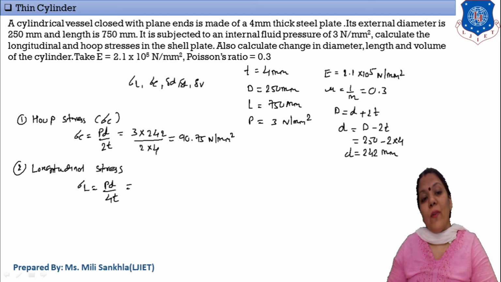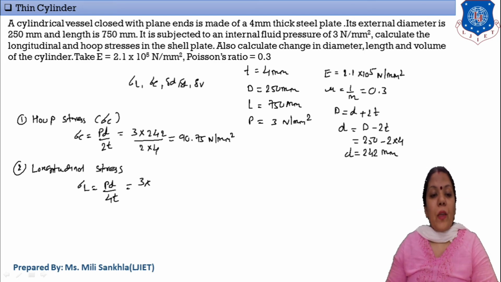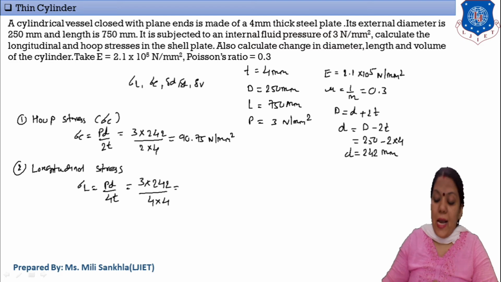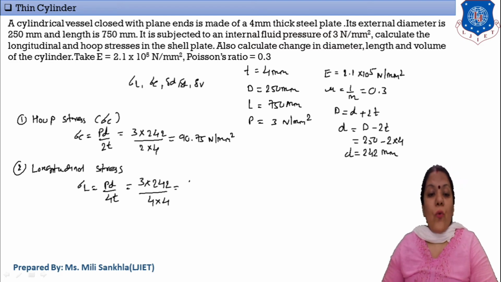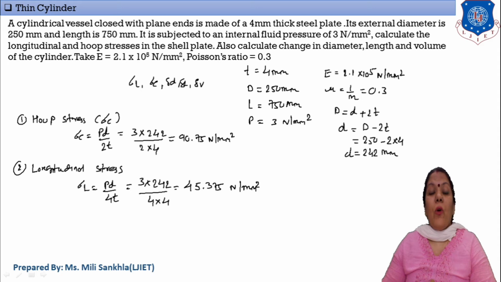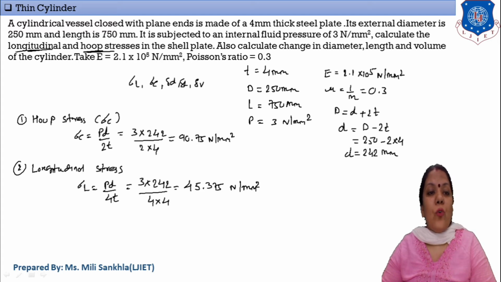Now one by one put the values: 3, internal diameter d is 242, divided by 4 and thickness T is 4 mm, and my answer is 45.375 Newton per mm square. Here we find our first two stresses: the longitudinal stress, and second, the hoop stress.